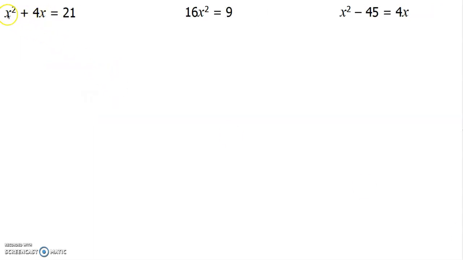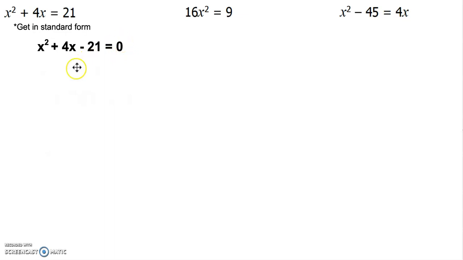Notice here, we have x squared plus 4x equals 21. It's not equal to 0 though. So what we have to do is get it in standard form first where it is equal to 0. If it's not equal to 0, we can't factor it yet. So we move the 21 over. So we have x squared plus 4x minus 21 is equal to 0.